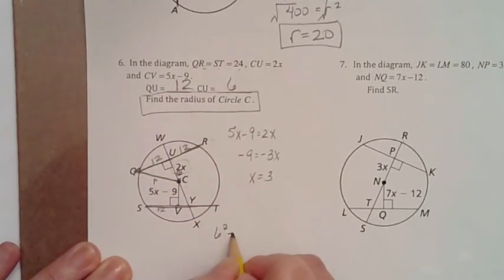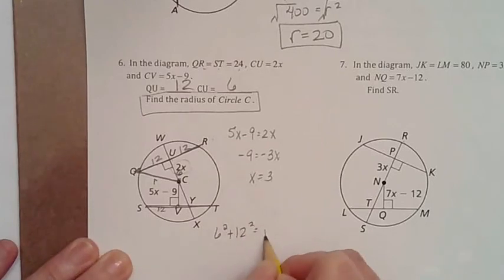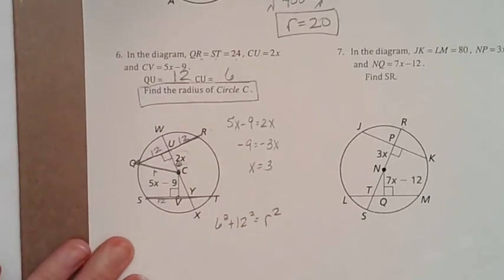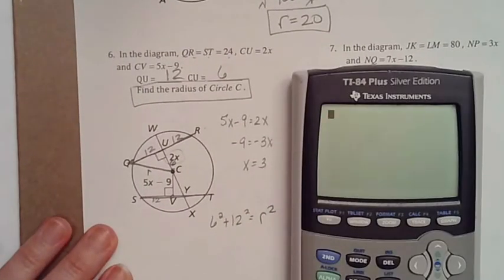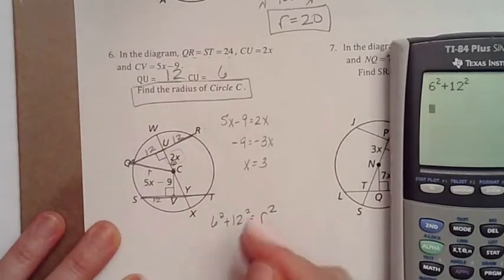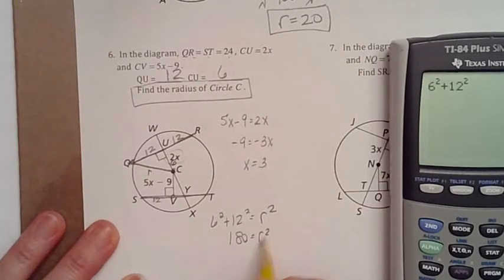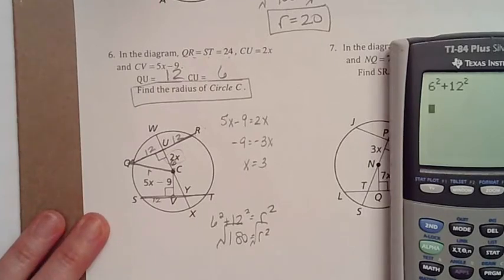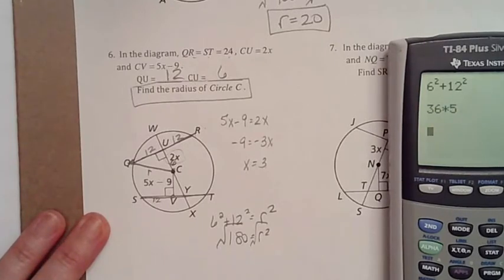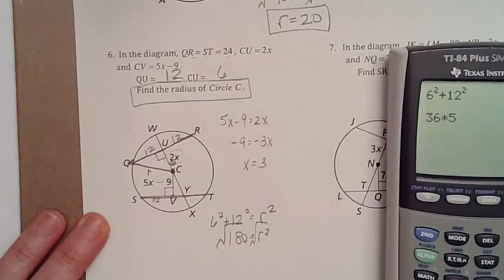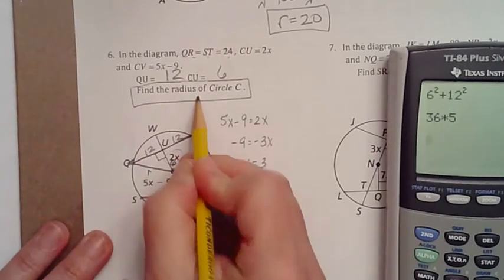So 6 squared plus 12 squared is equal to R squared. So I pick up a calculator, and I'm going to do 6 squared plus 12 squared, and that's 180 is equal to R squared. If you want to, at this point, you can take the square root and get whatever the decimal is, but I think that that's 36 times 5. Yep, 180. So square root of 36, that's 6. Radical 5 is equal to R. So that's what my radius is.